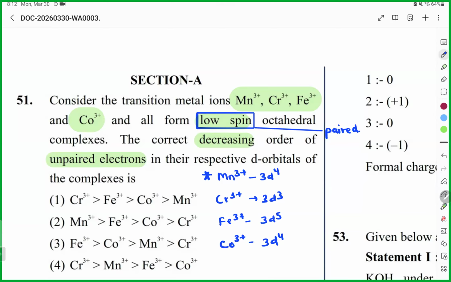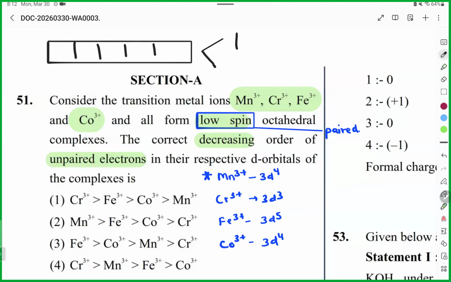Okay. So in this case, if you calculate, you are not supposed to just consider the 5 d orbitals and check which one will be there. You know it further splits into t2g and eg.